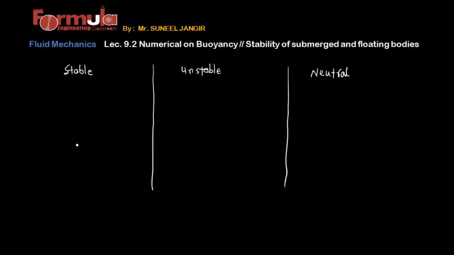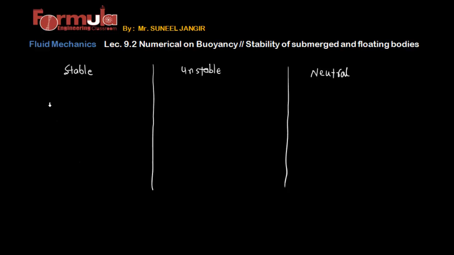So we can provide the definition like this. Let's suppose after an initial disturbance, if we are disturbing some body, and the forces and moments on the body are working in such a way that the body comes back to its initial position, then that equilibrium is defined as stable equilibrium system. We can take an example here.